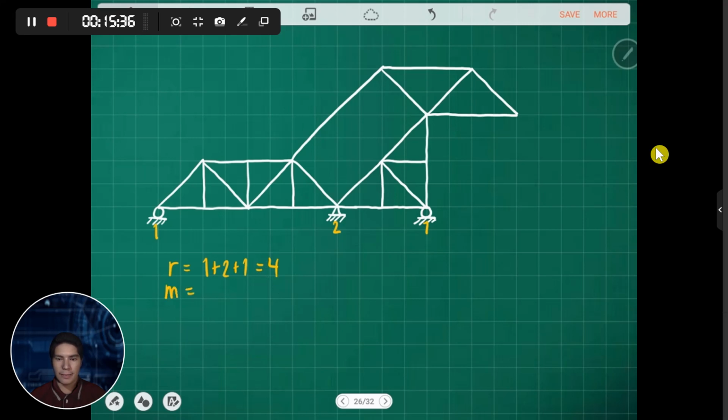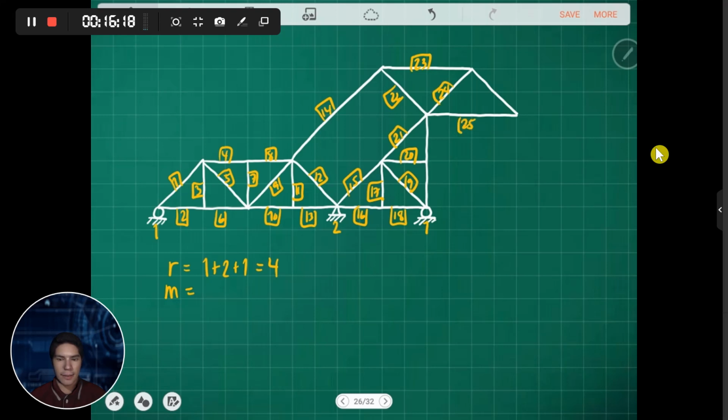The number of members, we have 1, 2, 3, 4, 5, 6, 7, 8, 9, 10, 11, 12, 13, 14, 15, 16, 17, 18, 19, 20, 21, 22, 23, 24, 25, and 26. We have 26 members.